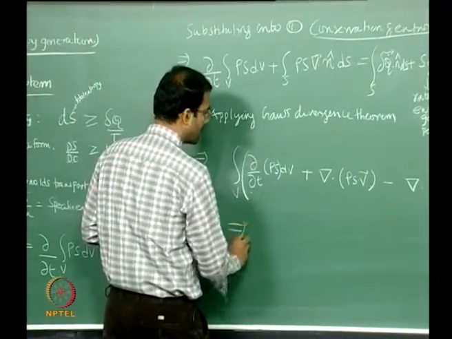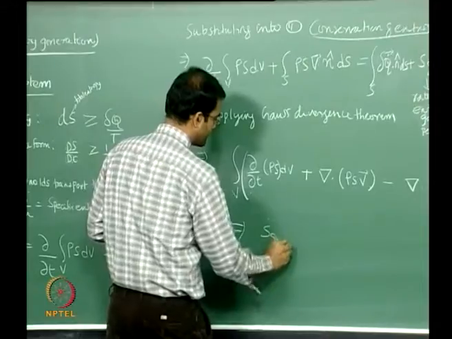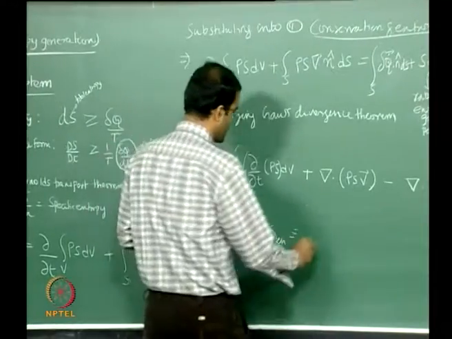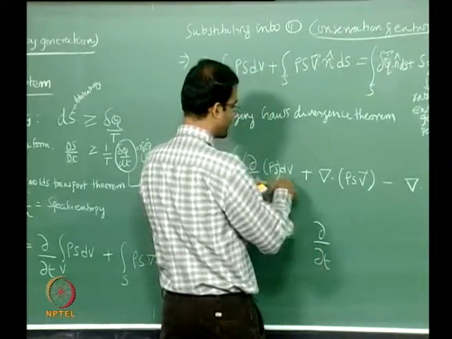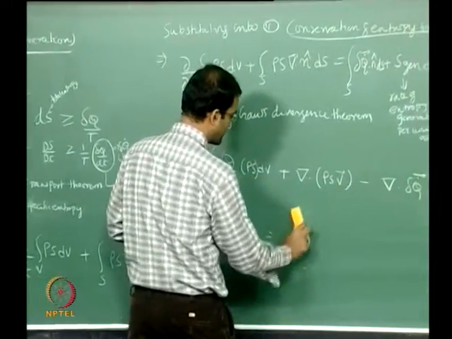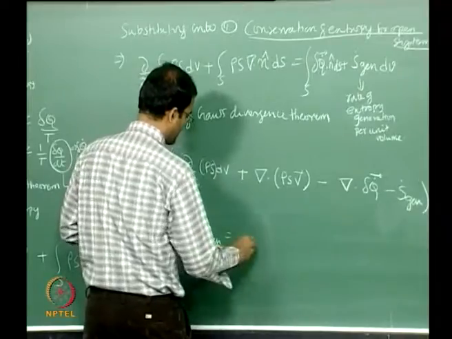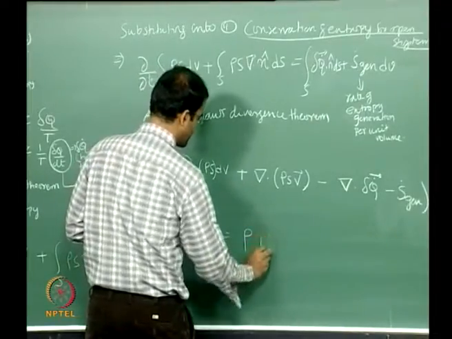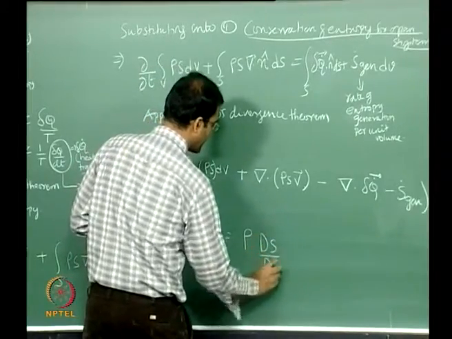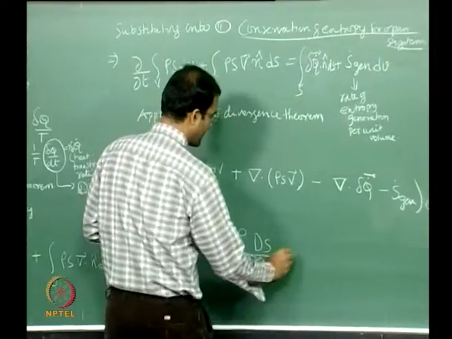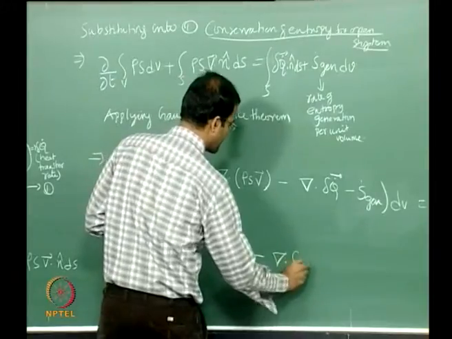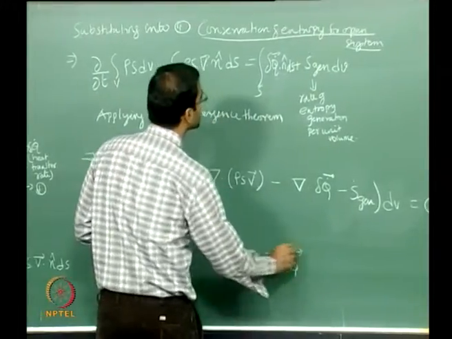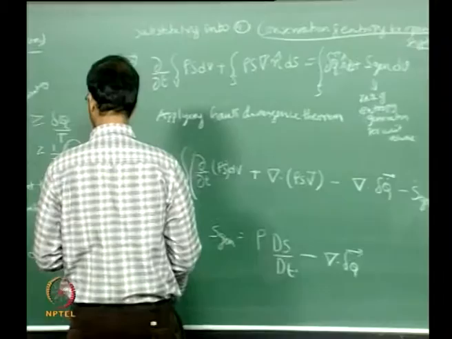So then this will give me my S dot gen should be equal to d by dt of rho s dV plus this, which I am going to write in terms of the total derivative notation, which is rho ds by dt, okay, minus del dot delta q, I think this should be delta q by T, okay.